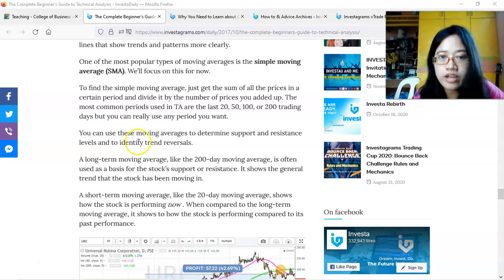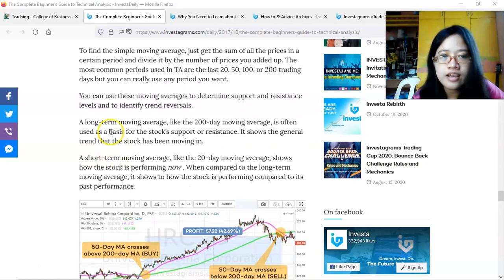You can use these moving averages to determine support and resistance levels and to identify trend reversals. A long-term moving average, like the 200-day moving average, is often used as a basis for the stock support or resistance. It shows the general trend that the stock has been moving in. Yung short-term moving average, kagaya ng 20-day, shows how the stock is performing currently.